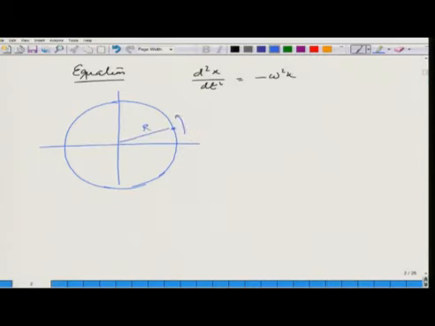It was moving uniformly with either speed v or angular speed omega, so that the angle it forms in time t is omega t, and its x component is given as x equals r cosine of omega t, and the y component is given as y of t equals r sine of omega t, and these are simple harmonic motions, right. And then through that we could get to the equation.